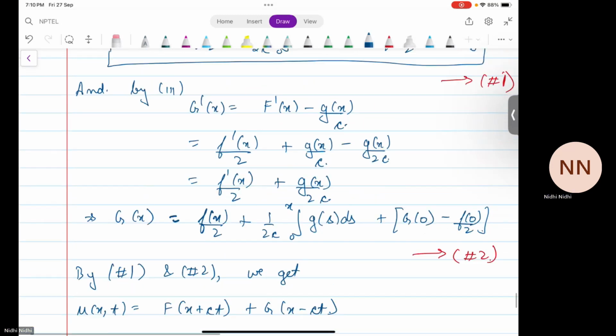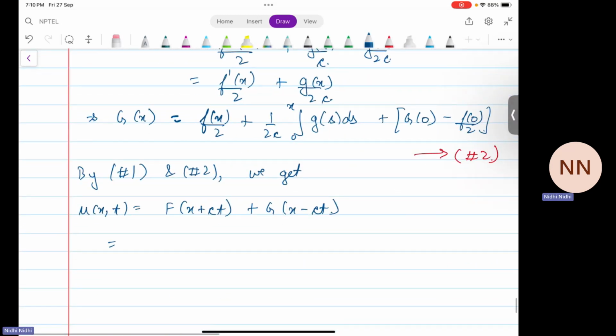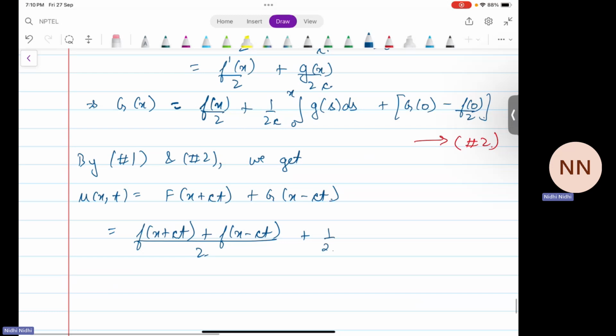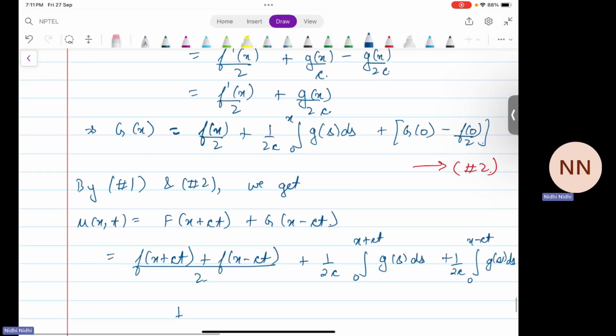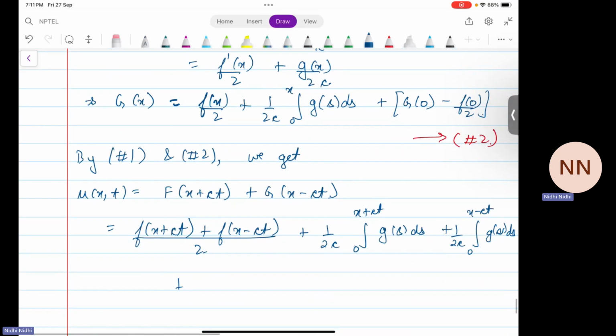So this is fx plus ct plus fx minus ct by 2 plus 1 by 2c integration 0 to x plus ct gs ds plus 1 by 2c integration 0 to x minus ct gs ds along with some constants f0 plus g0 minus f0.